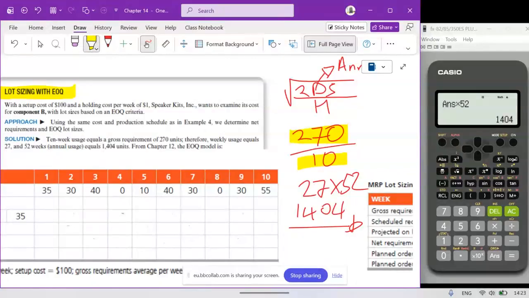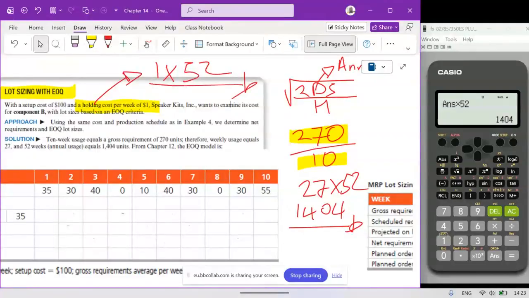You see here, holding cost per week. You must make sure you identify this information. Holding cost per week is that. This is not annual also, because we're looking at annual, so 1 multiplied by 52.